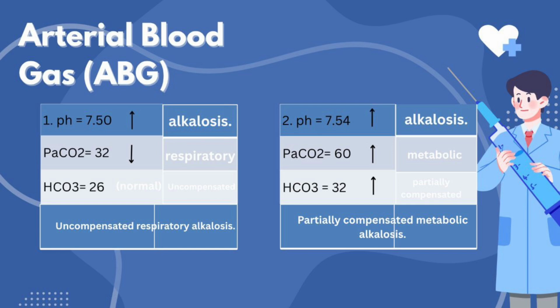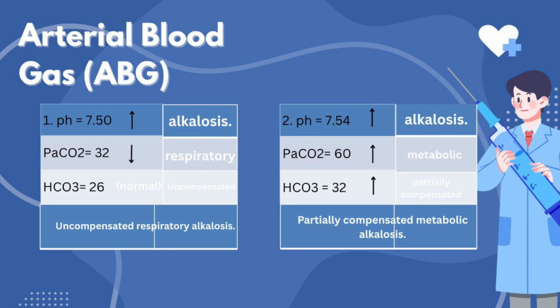pH value is 7.54, partial pressure of carbon dioxide is 60, and the bicarbonate is 32. So check the pH. 7.54 is higher than 7.45, which means alkalosis. Partial pressure of carbon dioxide is high, above 45, which would normally cause acidosis. This doesn't match the pH change.